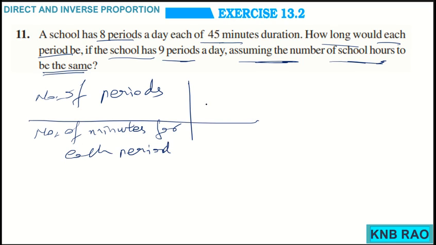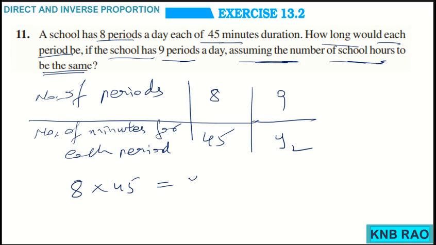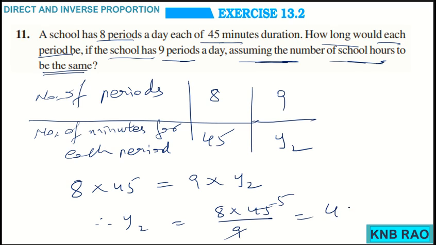So, if I consider this as two variables, if I have 8 periods, 45 minutes, if I have 9 periods, how many minutes? So, product should remain same, 8 into 45 equals 9 into y2, therefore, y2 equals 8 into 45 upon 9, 9 5s are 45, so it is 8 5s 40 minutes that each period will be if there are 9 periods.